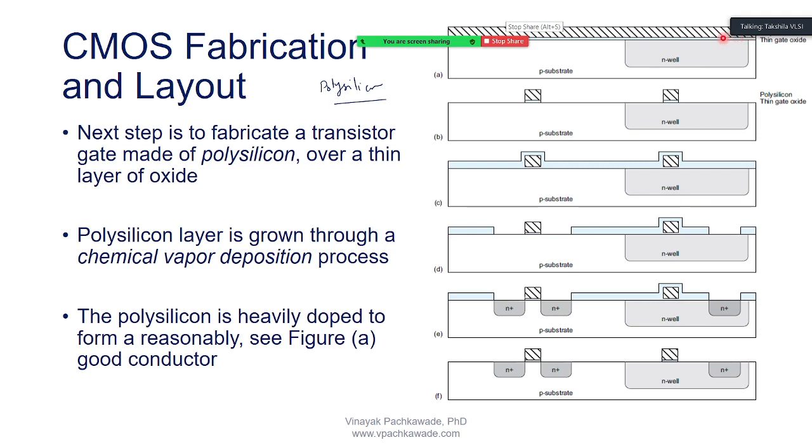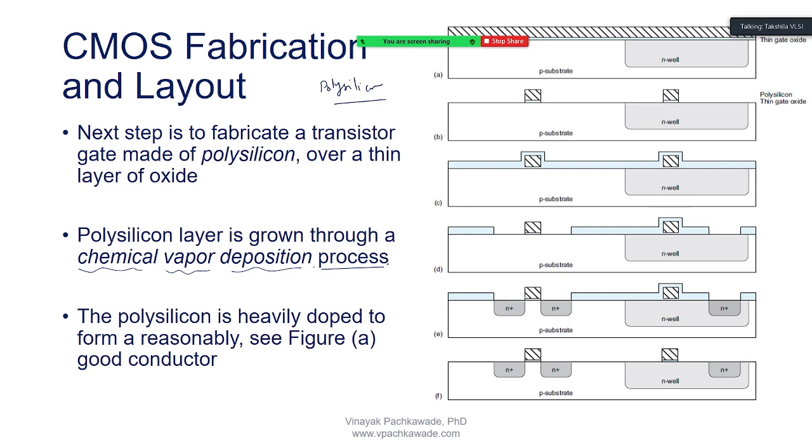So you see now this is a very thin layer right over here. On top of that, I want to grow the polysilicon, because I want to fabricate the transistor gates, which are made of polysilicon. I use a special technique called chemical vapor deposition. Again I go to the clean room where the chips are fabricated in the plant.